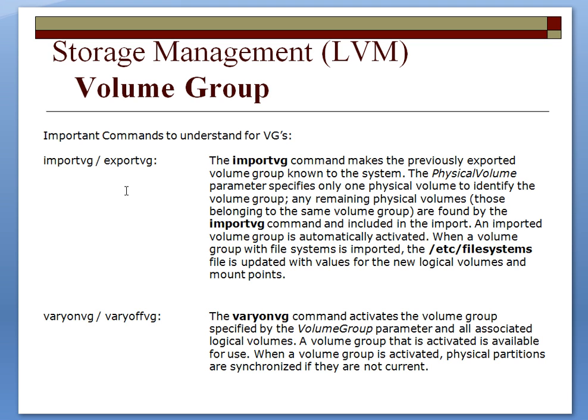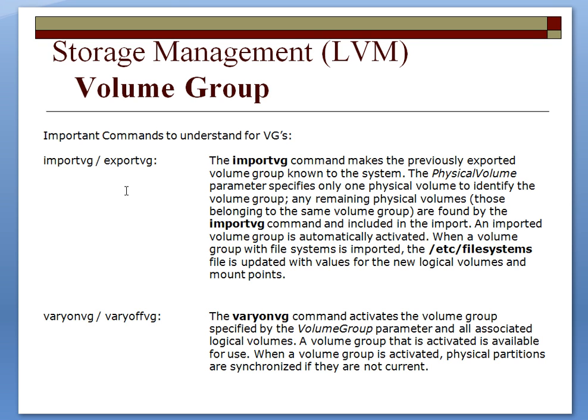So the system knows about that disk, it has information on that VGDA, it knows the file systems, and it knows about that volume group. You can vary on and vary off the volume group, and of course, all the file systems would have to be unmounted in order for you to vary off the volume group.